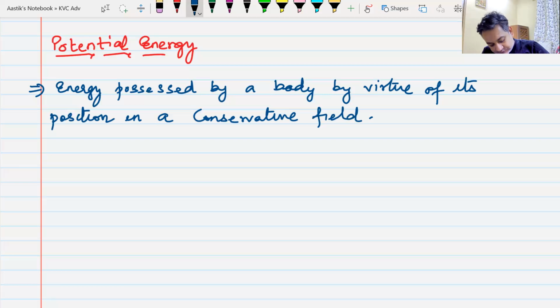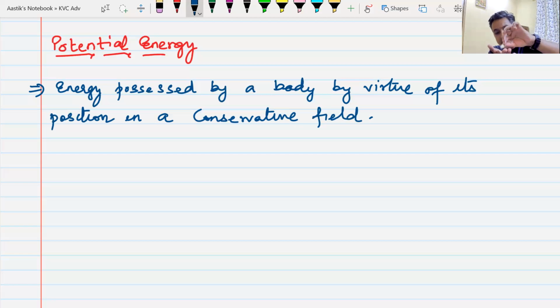Yes, sir. Therefore, this body, which has a mass, if I place it here, because now this body has a mass and it is present in a gravitational field, it possesses energy because it can do work.